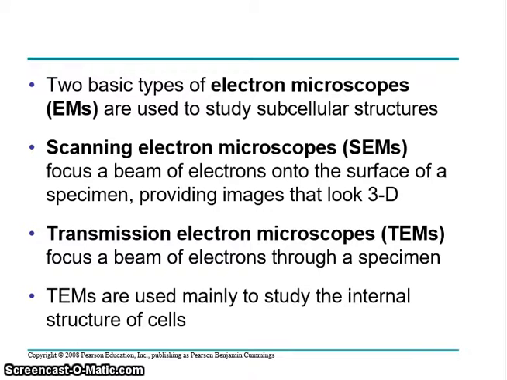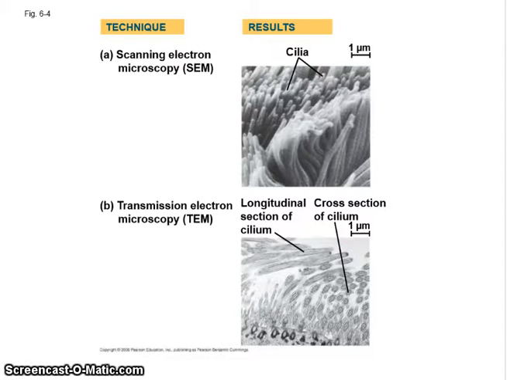Transmission electron microscopes, those specimens are usually thinly sliced and electrons are sent through the specimen. It's very similar to how a light microscope works, but instead of using light, these electron microscopes use electrons. And because we're sending electrons through the specimen, transmission electron microscopes produce a flat image where you're looking at the inside. So it's like a cross-section of different structures.